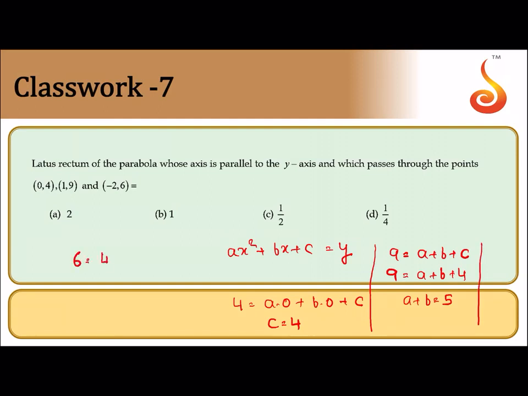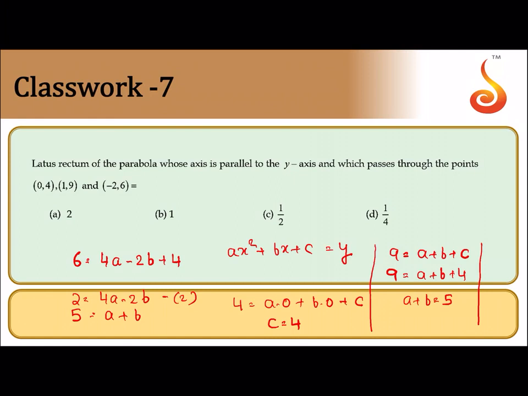Then for the third point, minus 1, 9, we get 9 is equal to a minus b plus 4. Subtracting, we get 2 is equal to 4a minus 2b. So this is equation number 2. Another equation is a plus b is equal to 5. Solving these two equations, we get the a, b, c values.